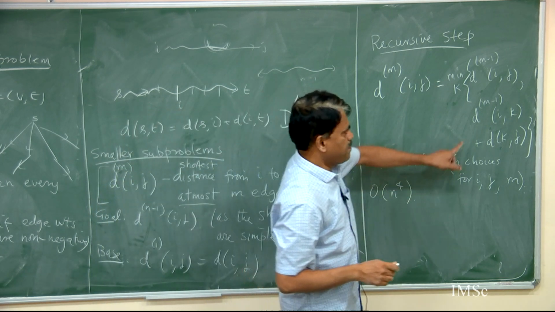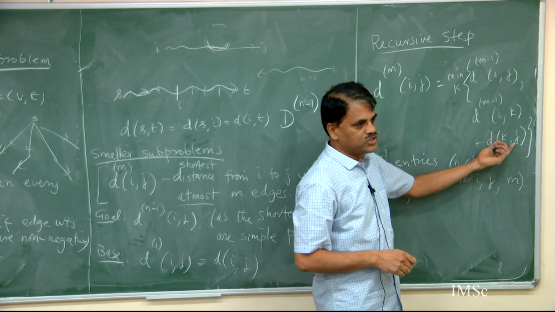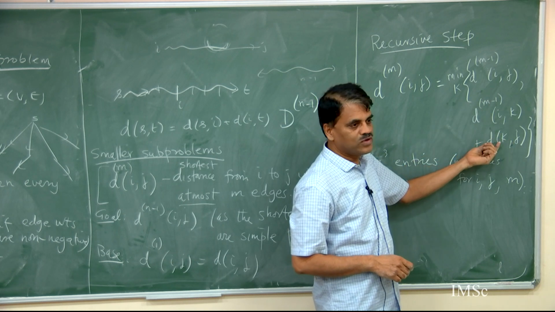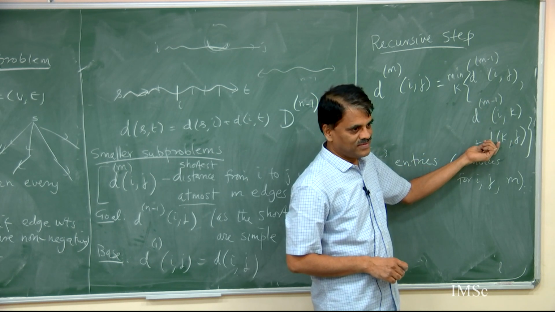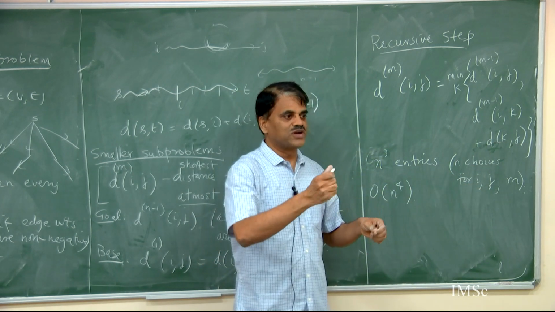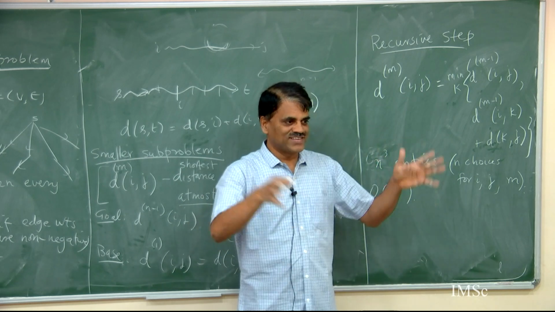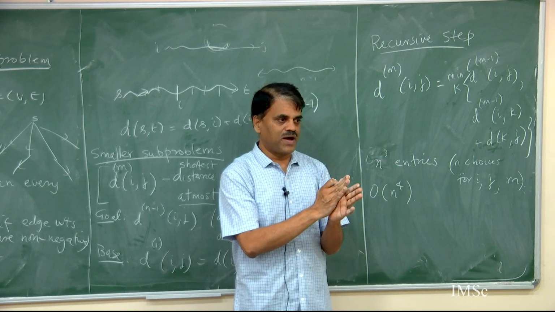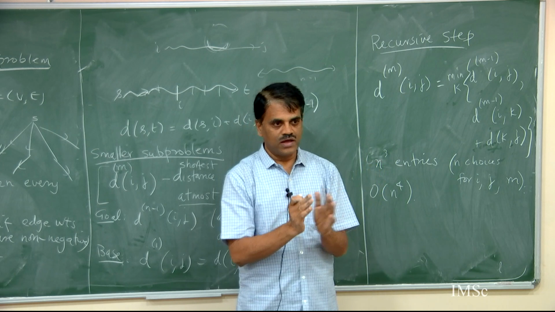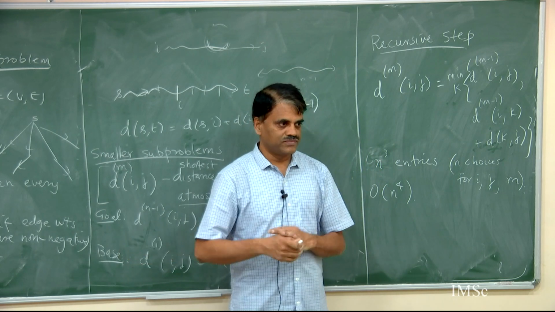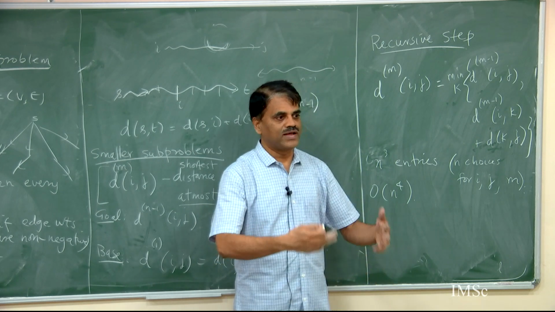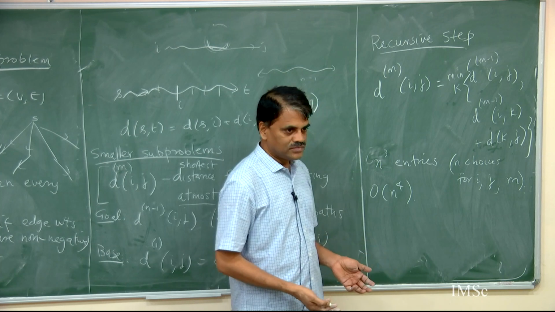In particular, here you just gave away and are using only 1. So why don't I use m by 2 and m by 2 here? I will go from i to k using at most m by 2 edges. So you pick the previous vertex; why not pick the middle vertex? Then there is a path of length at most m by 2 from i to k, and a path of length m by 2 from k to j. Then I don't need m minus 1 to go to m. I can keep doubling. So what would be the running time?